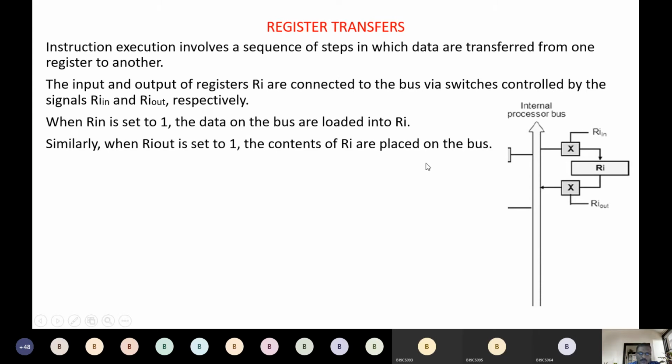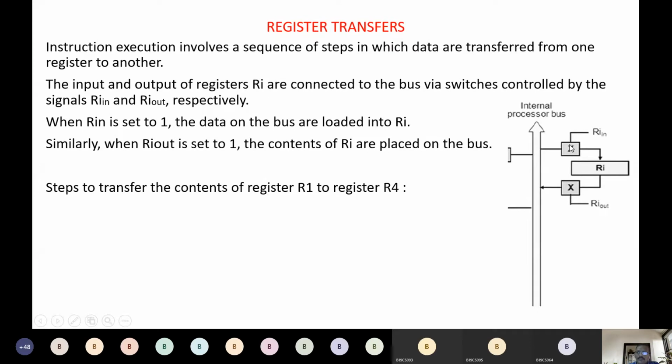The same thing I had told you is the explanation of this one. If Rin is set to 1, data on the bus are loaded into Ri. So when Rin is set to 1, the data from the bus can be loaded into the R0 register. When Ri out is set to 1, the contents of Ri are placed on the bus.